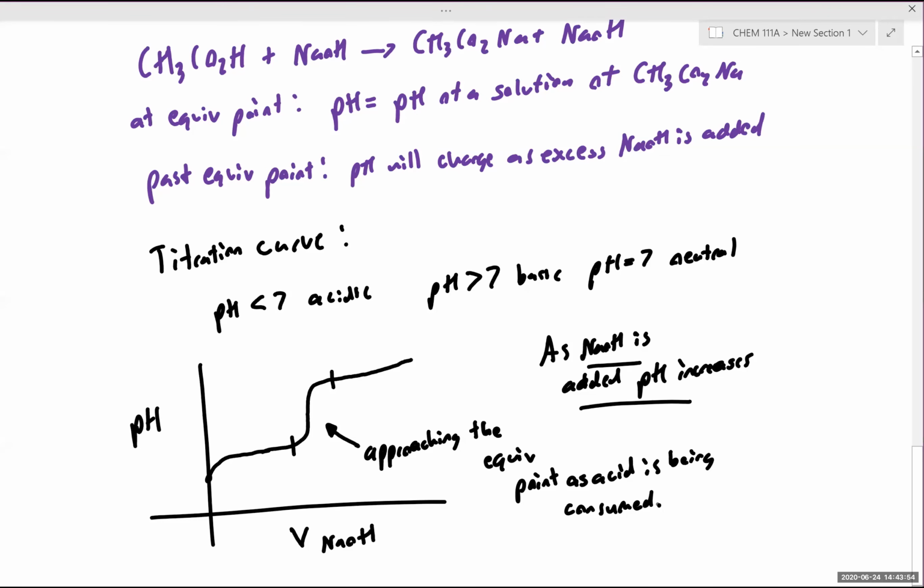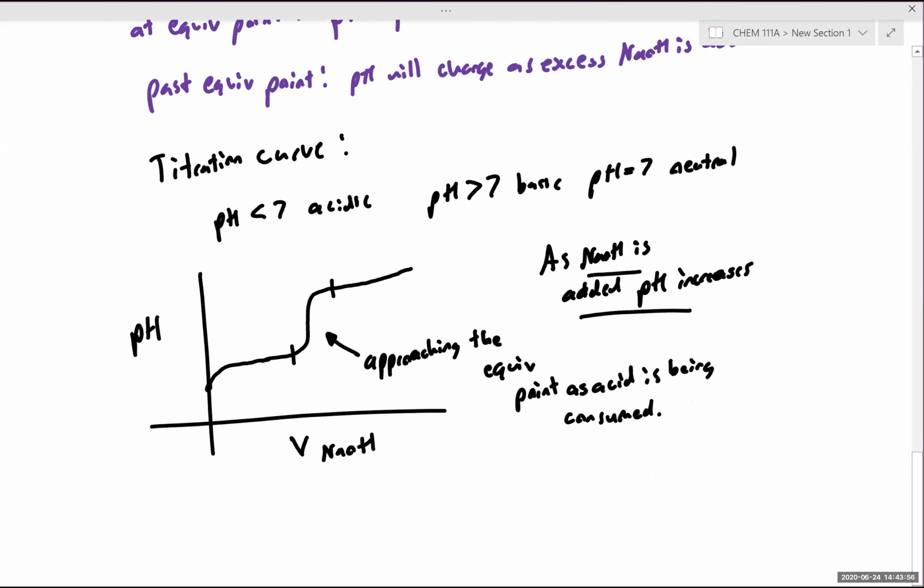So to help you understand a little bit about how this works, in the initial stage of our titration, the moles of acid are way greater than the moles of base.